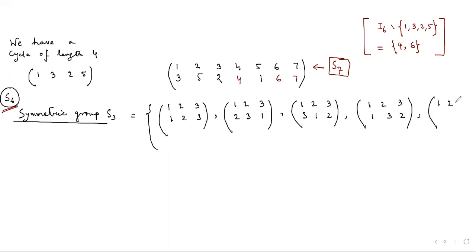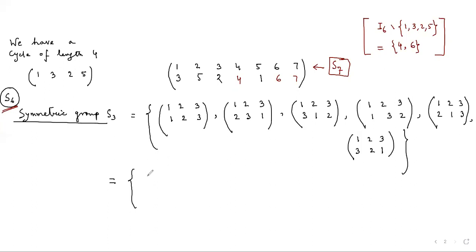Then (1 2 3 / 2 1 3). And lastly, we have (1 2 3 / 3 2 1). We shall now try to see whether we can express these elements of S3 as cycles or not.